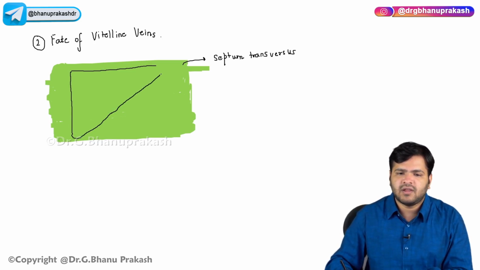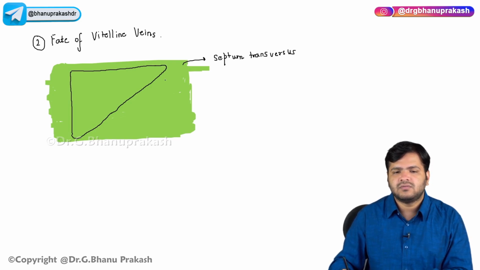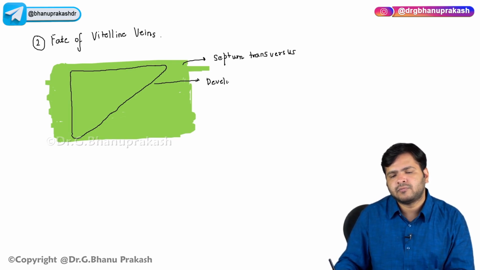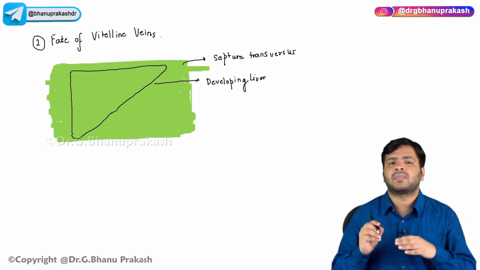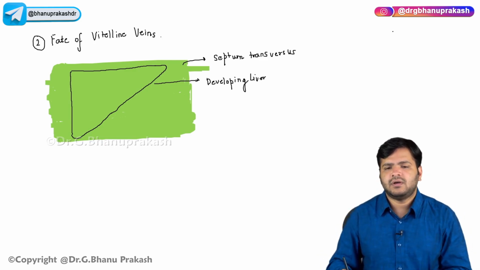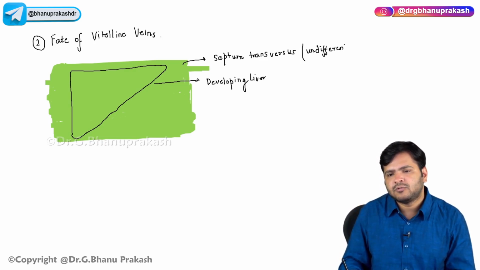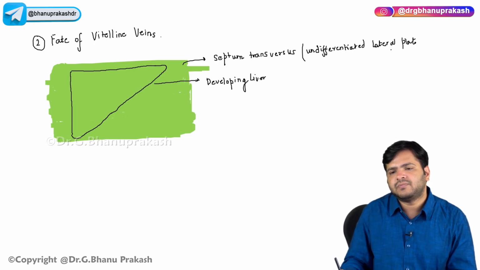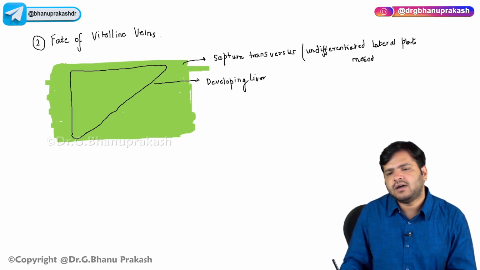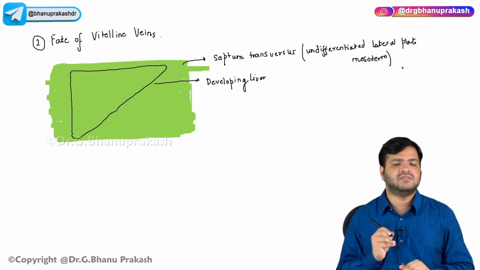It is the developing liver, formed from the septum transversum, which is the undifferentiated lateral plate mesoderm.